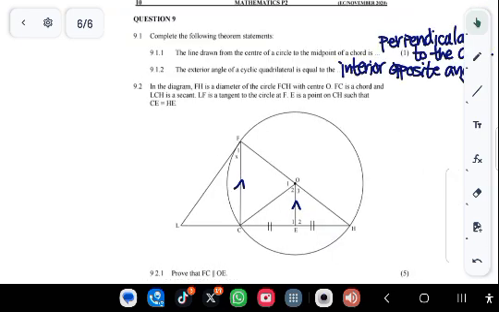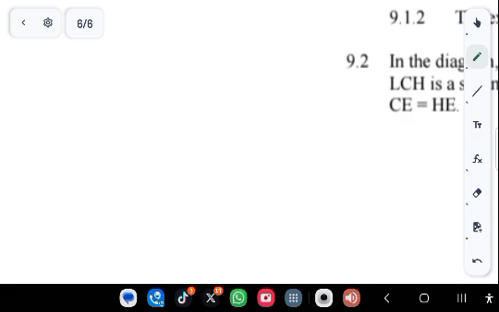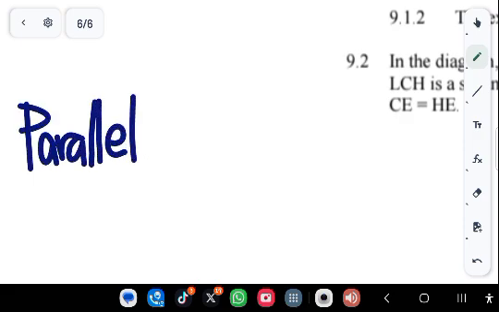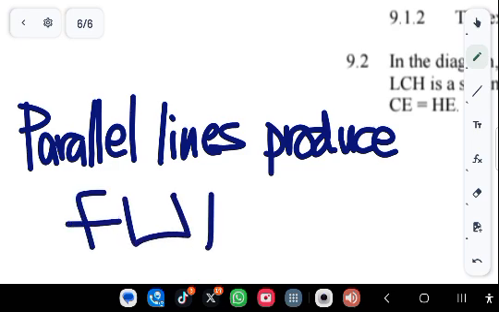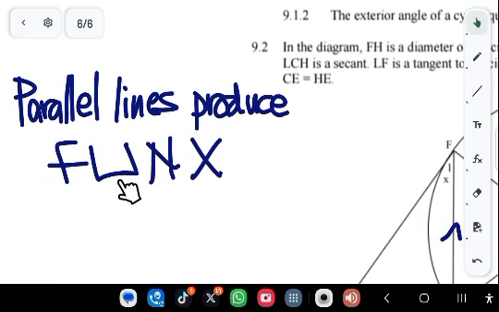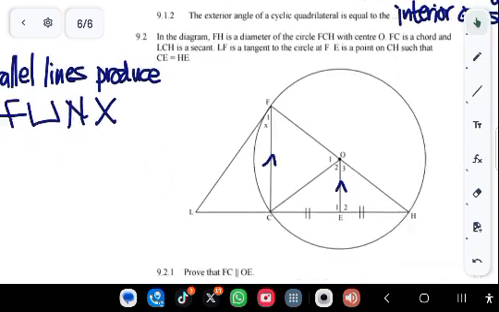Now, whenever you see parallel lines, remember they produce your F, A, N, X angles. That is your corresponding angles, your co-interior angles, your alternate angles, and the vertically opposite angles, just for good measure.